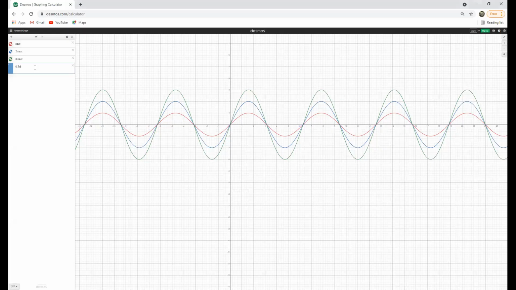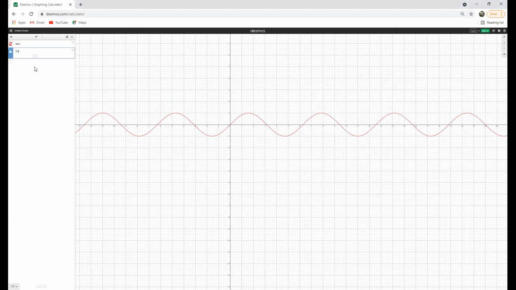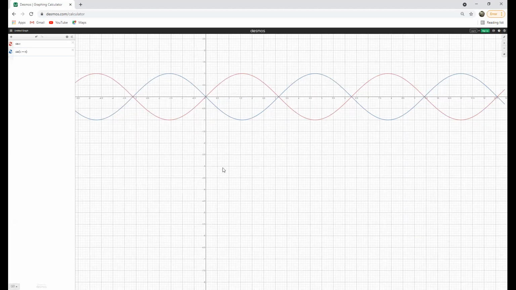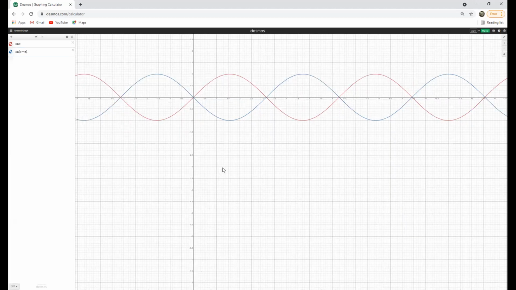Okay, now let's see what happens if I change my sine. Now I have sine of x plus, suppose I add something like pi. Wow, interesting. Take a look at your graph.